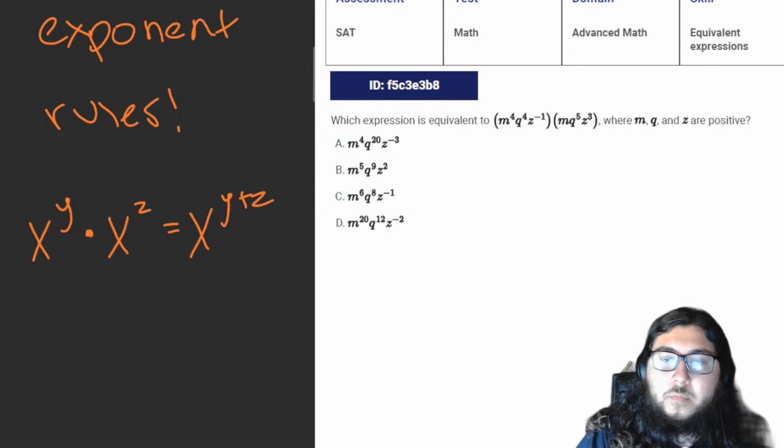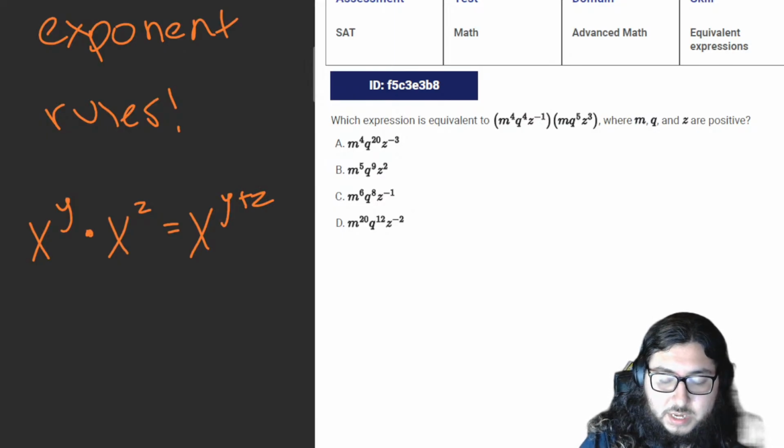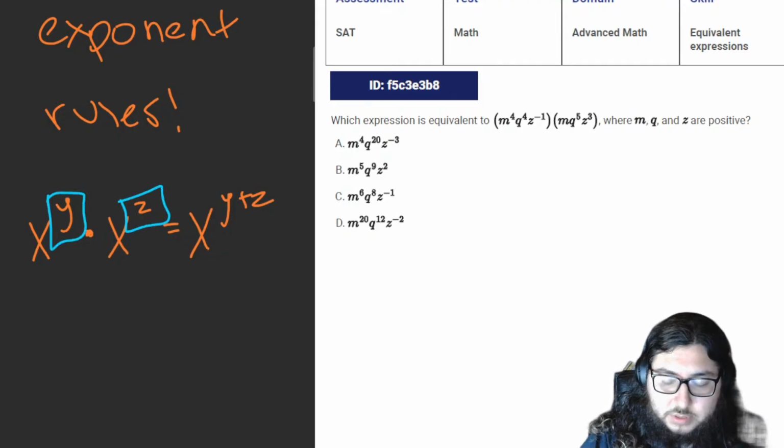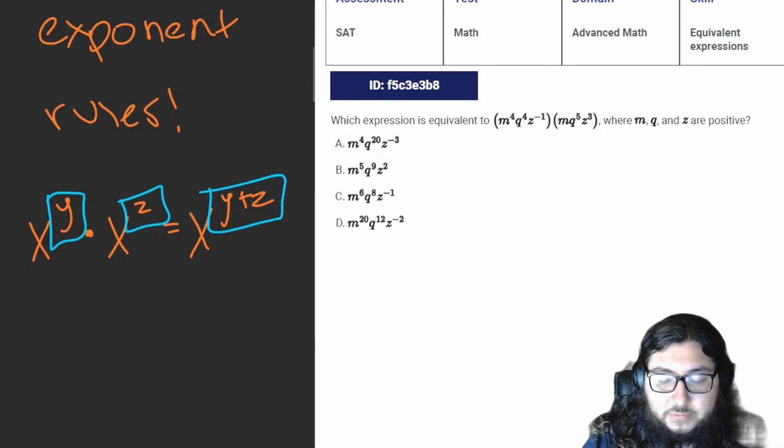So basically, when you're multiplying two terms with the same base and you want to simplify this, we just add their exponents. Whether they're negative or positive doesn't make a difference, we still add them.